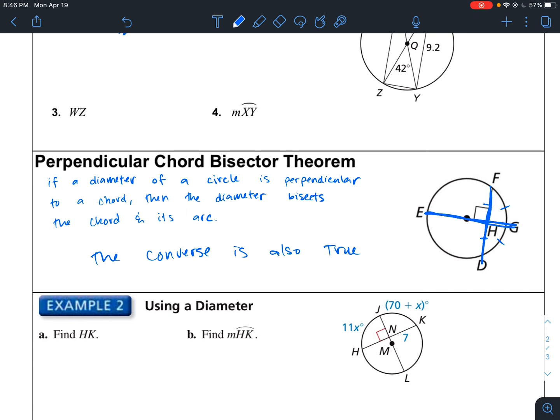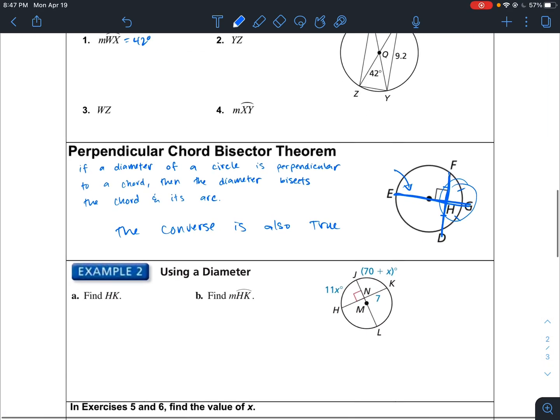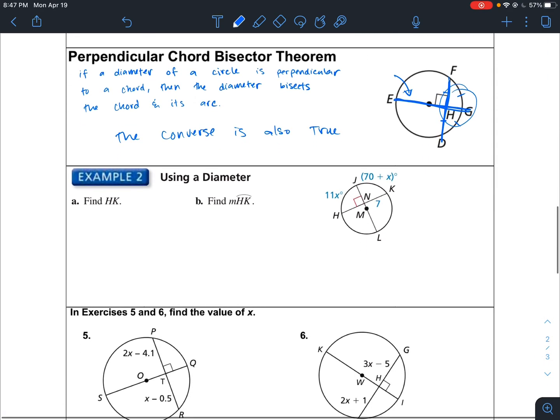So basically the converse says that this is the diameter of the circle if these are all congruent right there. So we'll use those theorems in the upcoming examples.